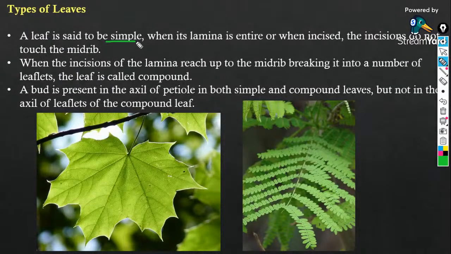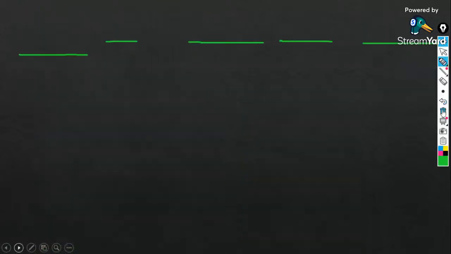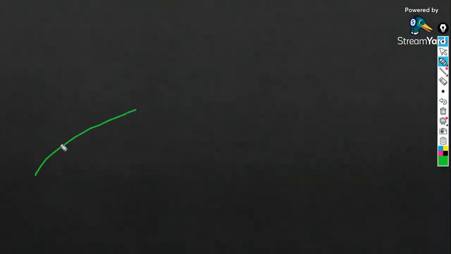A leaf is said to be simple when the lamina is entire or when incised, the incisions do not touch the midrib. Guys, what do you mean by incision? I will tell you. In certain plants, the leaf would be like this. There would be incisions, that is, cuts like this.